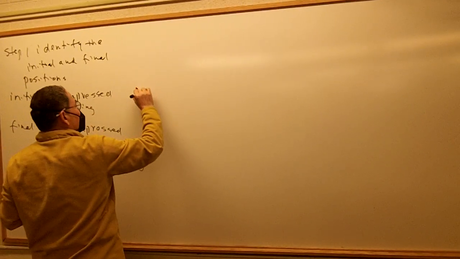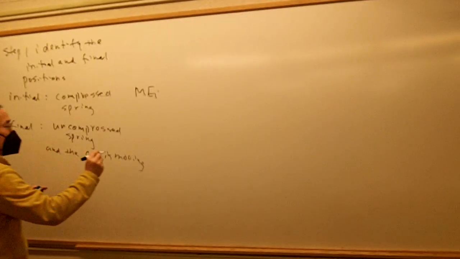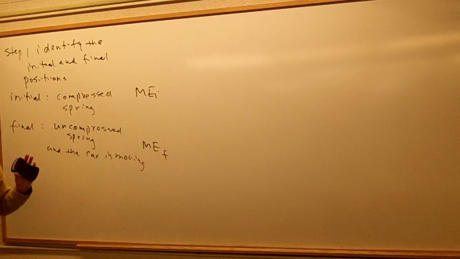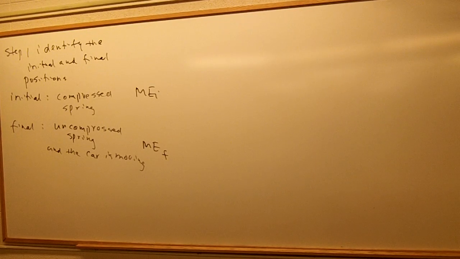So this is the first step you need to identify. Then here I have the mechanical energy. I will write ME, and I will write MEF. That's the mechanical energy initial and final. So that's step number one.